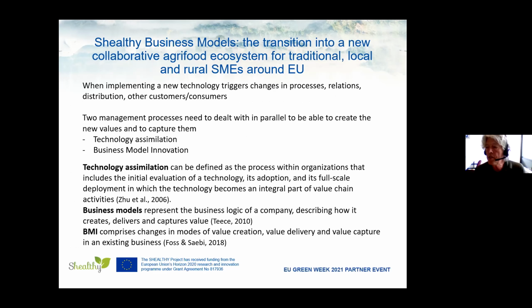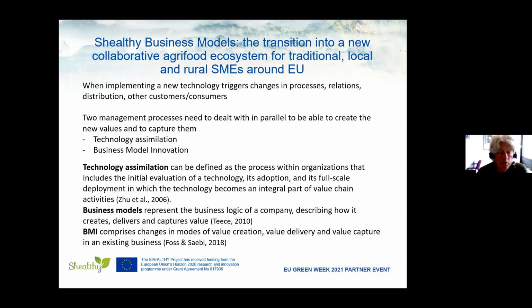So changes are triggered in processes, in relations between partners, in distribution processes, possibly other customers, consumers. And then two management processes need to be dealt with in parallel to be able to create those new values and to capture them.